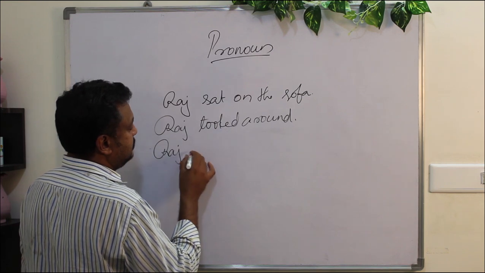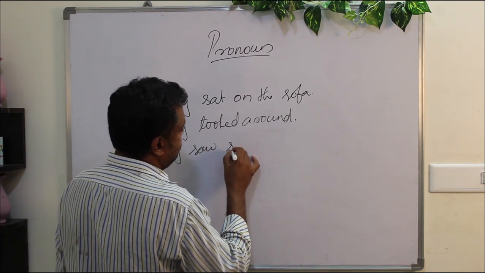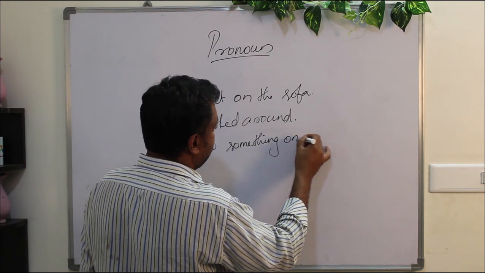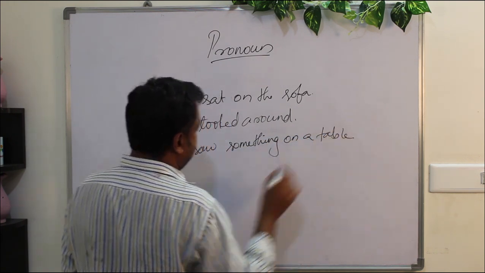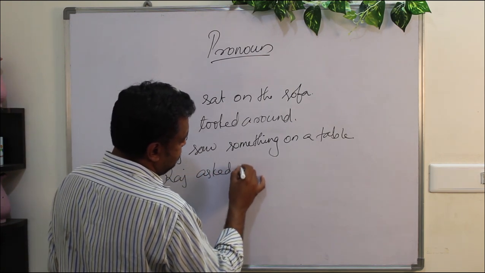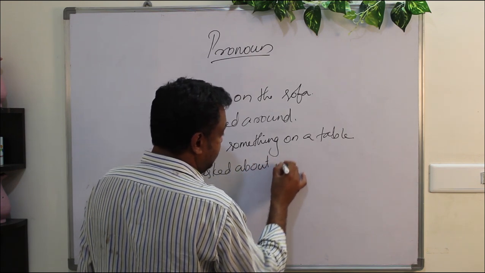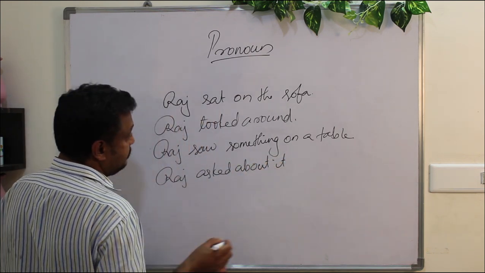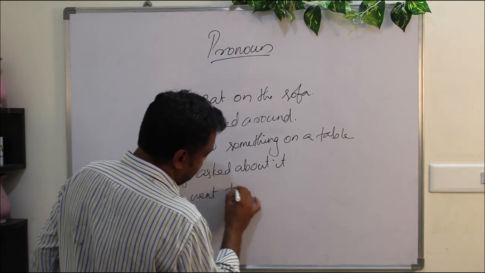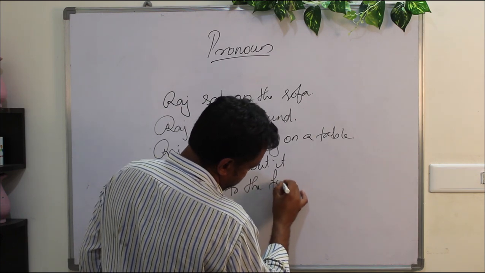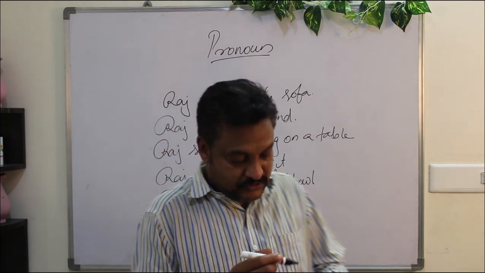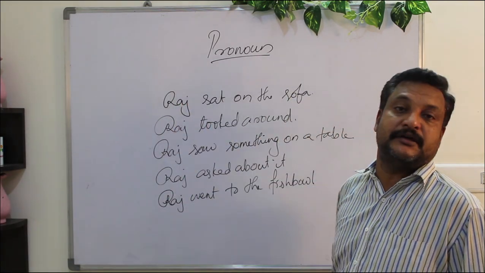Raj saw something on a table. Raj asked about it. Raj went to the fish bowl. So I have written 5 sentences here.